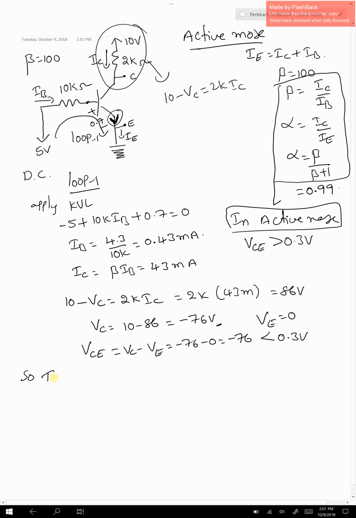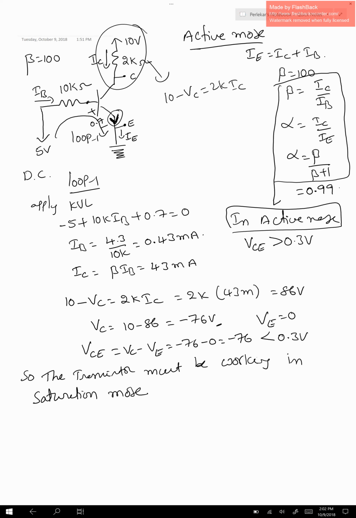So the transistor must be working in saturation mode. Do we have only active or saturation? No, we have cutoff mode. Then why don't we think about it working in cutoff mode?